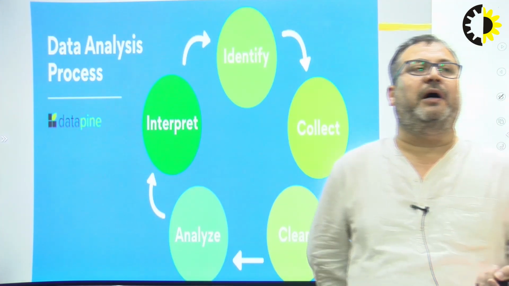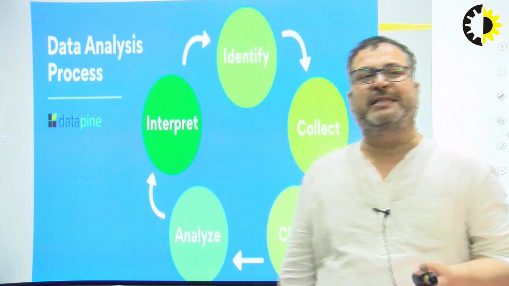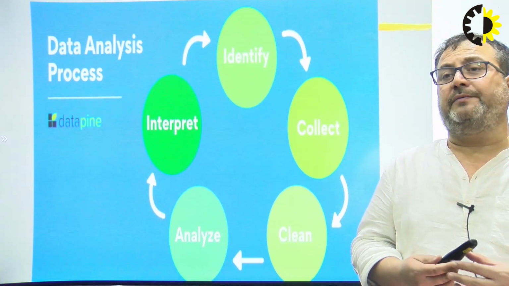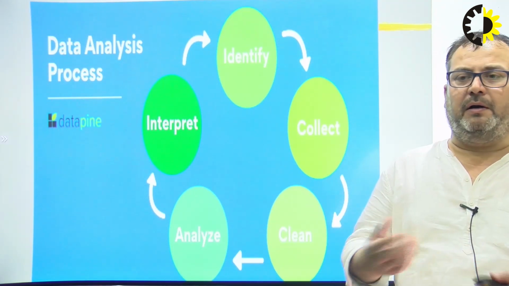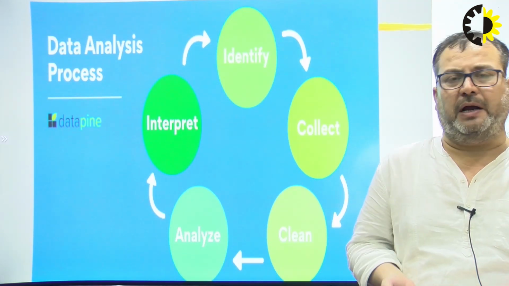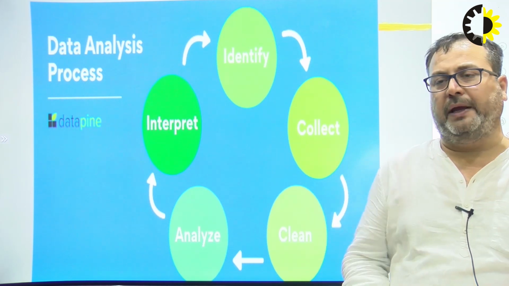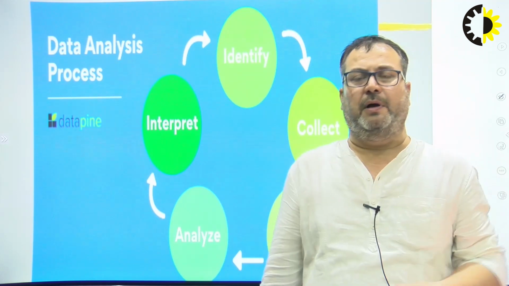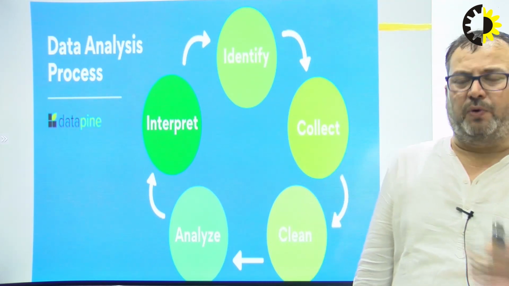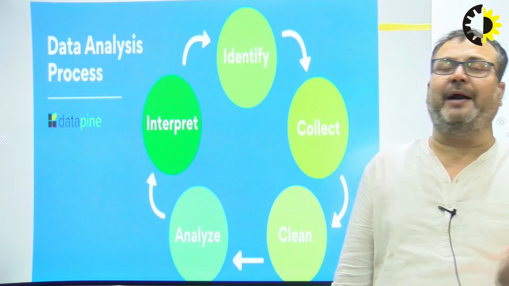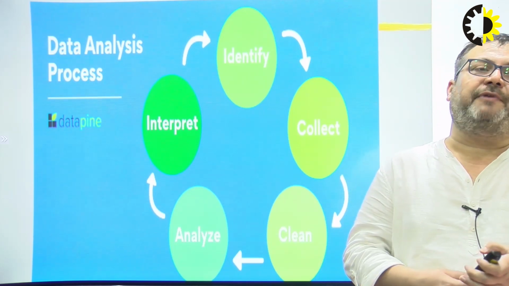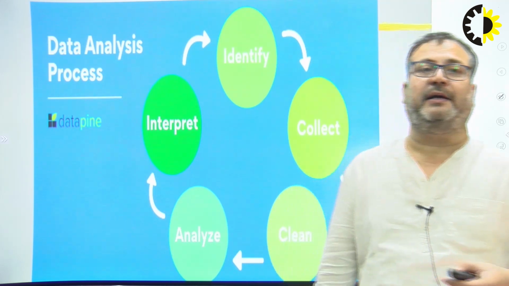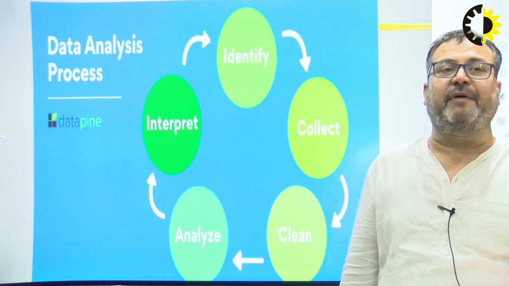So how do we do it? Stepwise, this is the process. Process means how the program runs, how we get stepwise execution. The identified steps are: first, data identification, how we are going to identify the exact or relevant data.